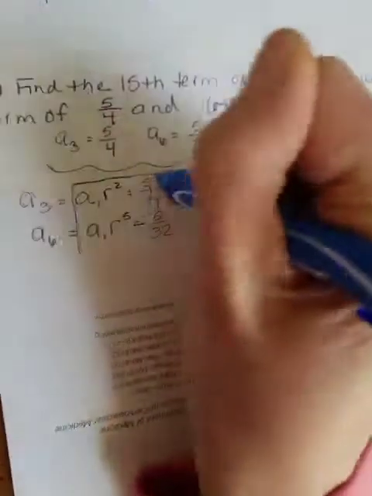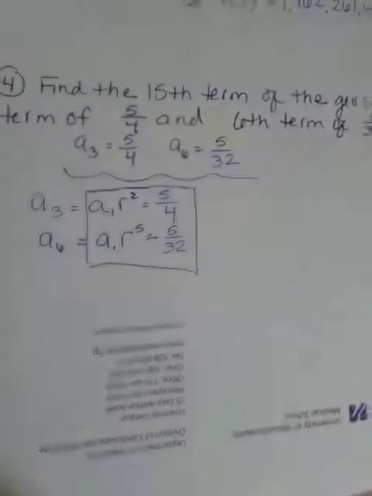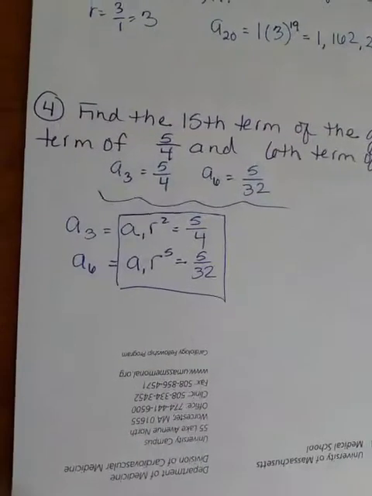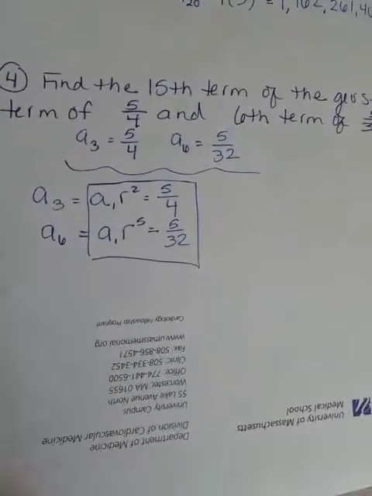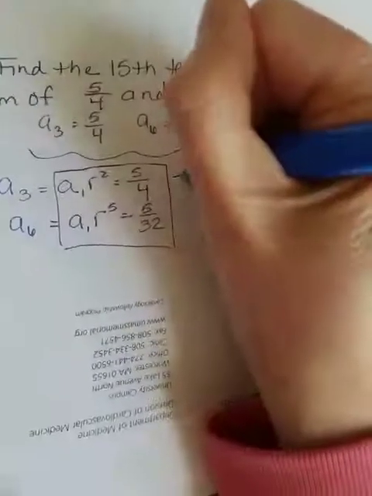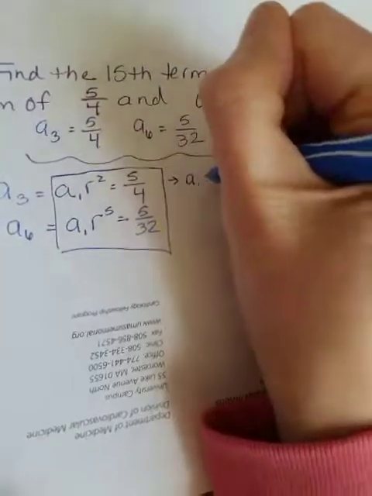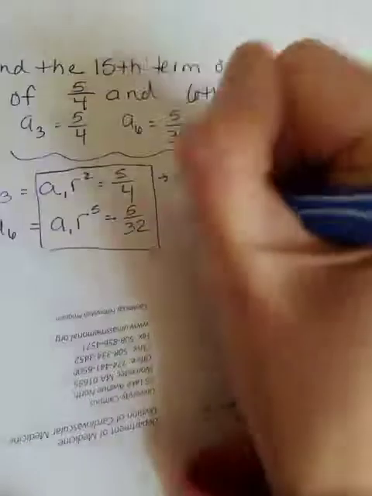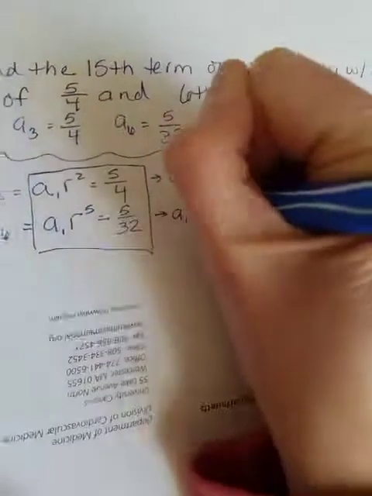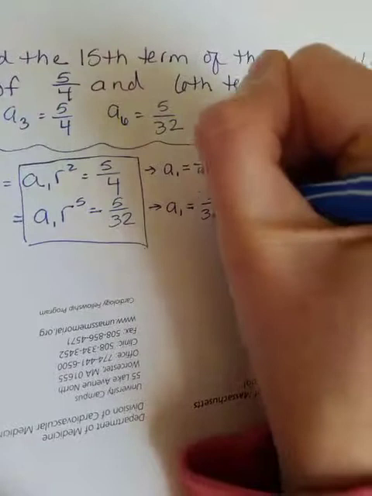So thinking of this as your system, we can solve that to find R. I would solve each of these for a sub 1, and hopefully you can agree from this one I would have a sub 1 equals 5 over 4R squared, and this one would give me a sub 1 equals 5 over 32R to the 5th.